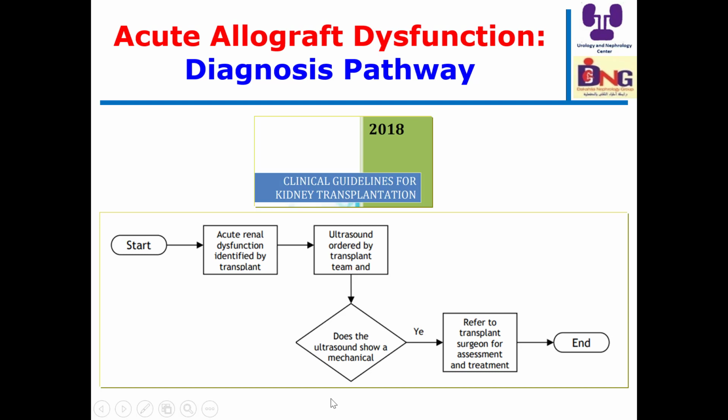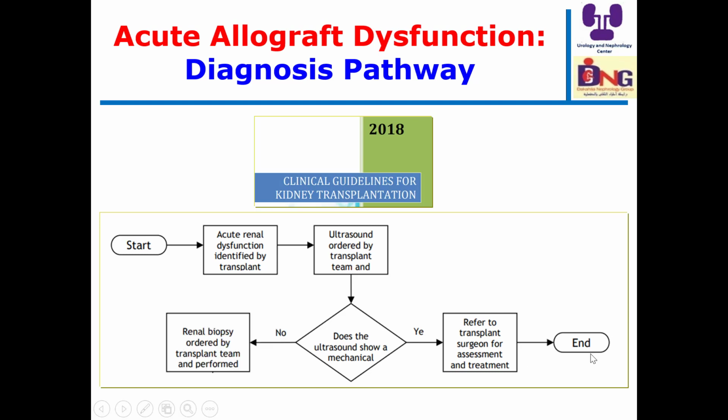To sum up, if you have acute allograft dysfunction, ultrasound is mandatory. If it shows obstruction, hydronephrosis, you are dealing with a mechanical problem. So does the ultrasound show mechanical hydronephrosis? Yes, refer to the urologist for dealing with the obstructed case.